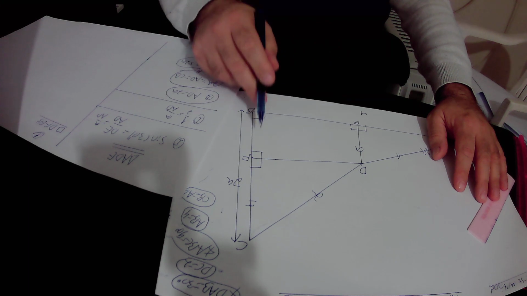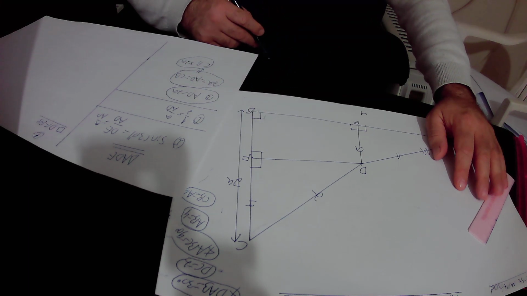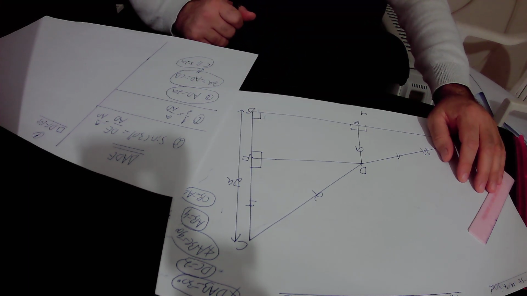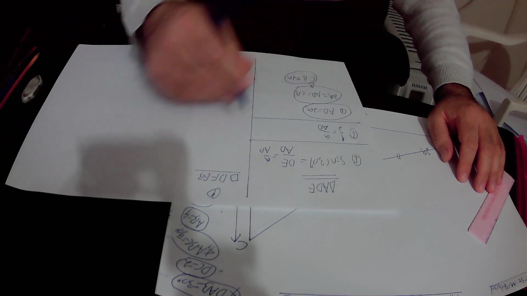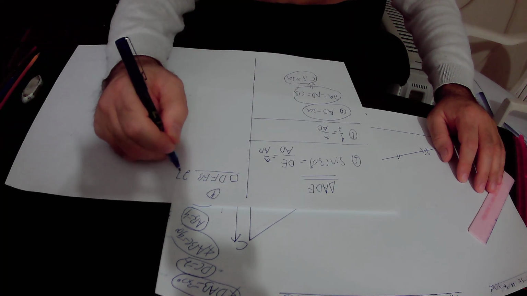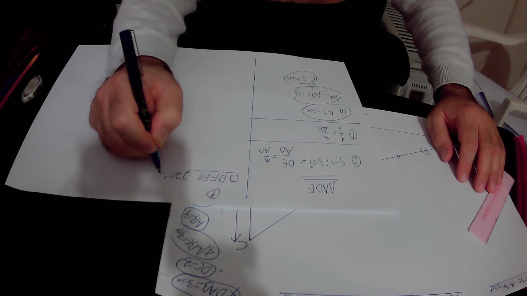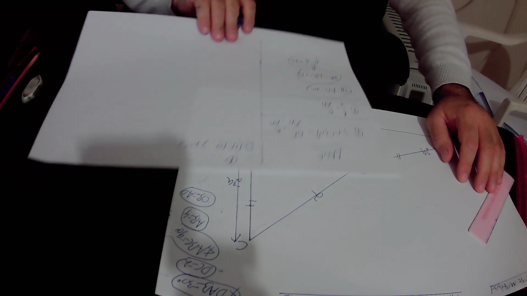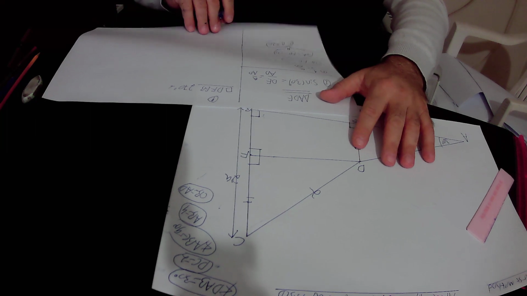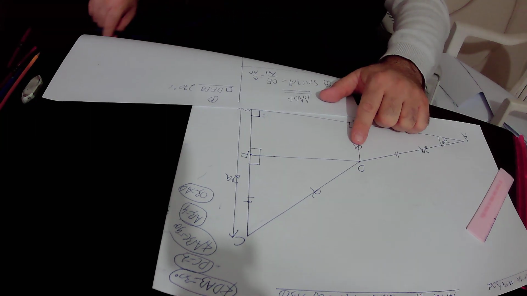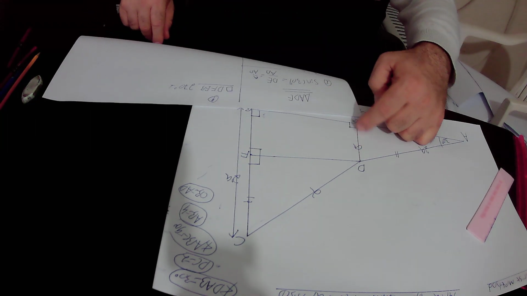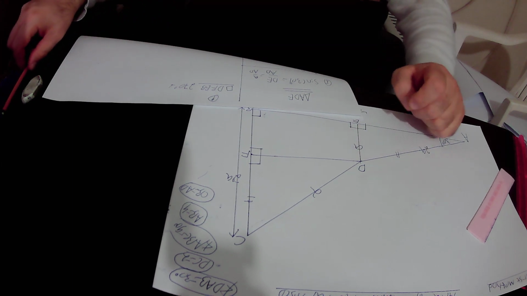The sum of three right angles is 90 times 3, which is 270 degrees. Plus the size of the fourth angle, we define angle EDF as angle x.